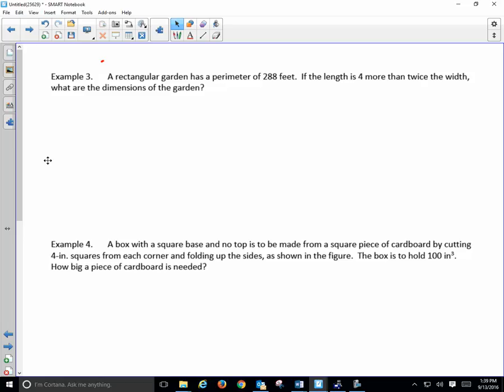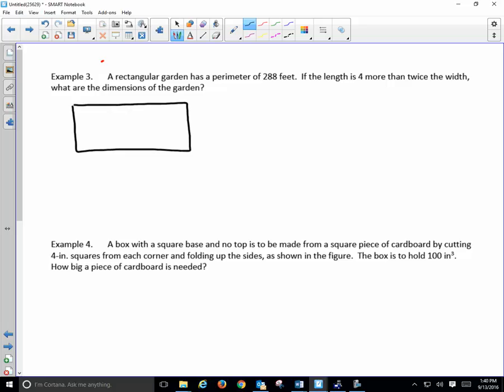Okay, so a rectangular garden has a perimeter of 288 feet. If the length is 4 more than twice the width, what are the dimensions of the garden? What should I do first? Draw a rectangular garden. What should I label? Length and width.